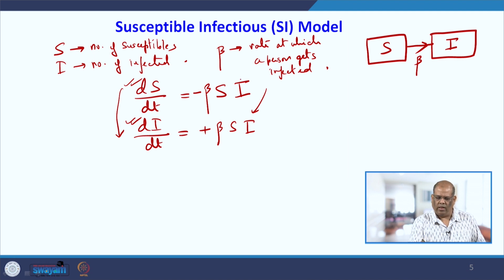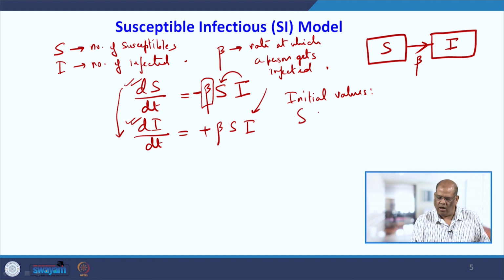When the infected person comes in contact with the susceptible person who is vulnerable to the disease, they get infected at a rate beta and move to the infected class. Since they are leaving, this is the negative sign, and the whole thing comes here with a positive sign. Now you have some initial condition, say initial values.